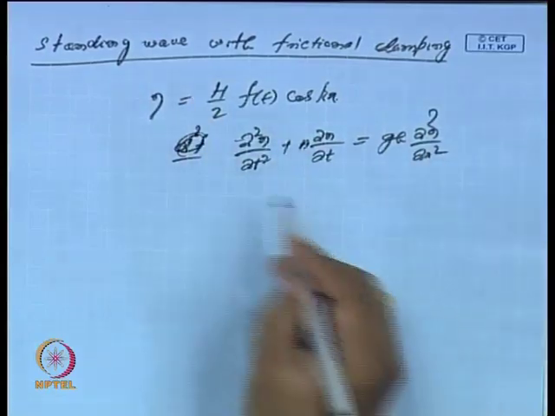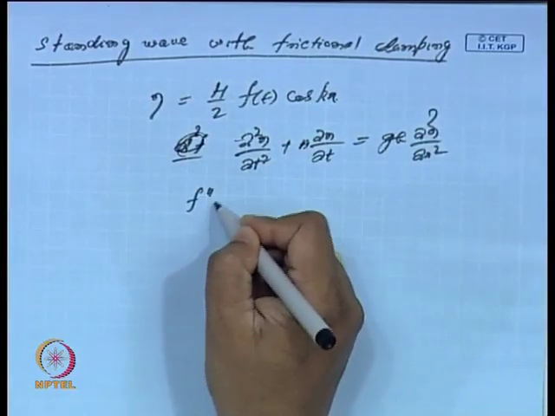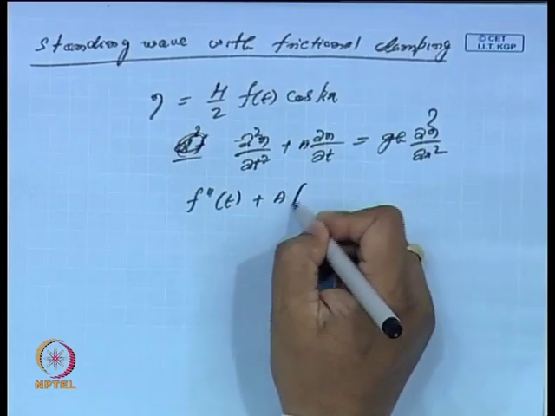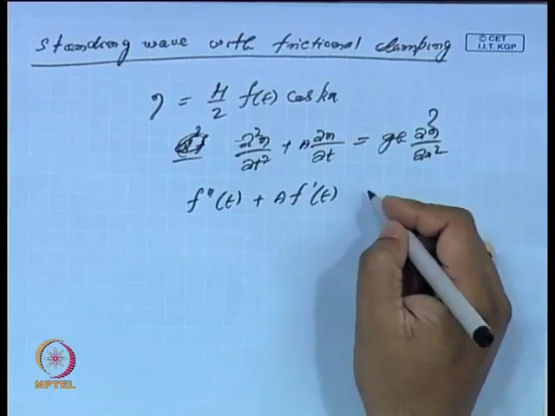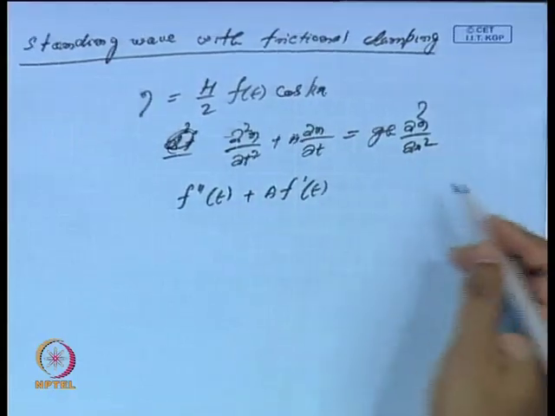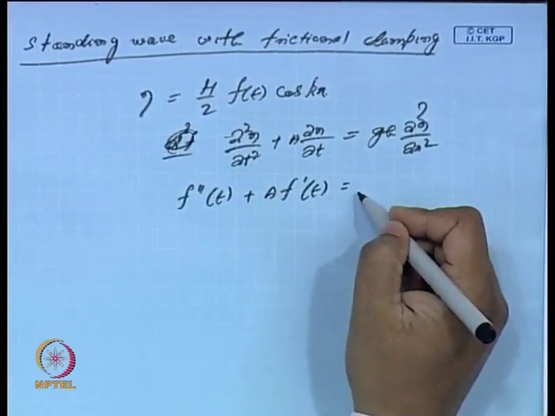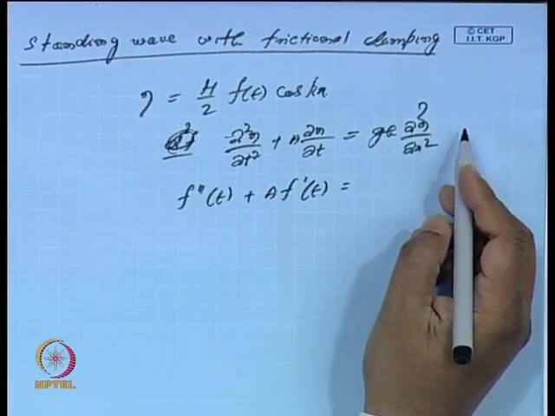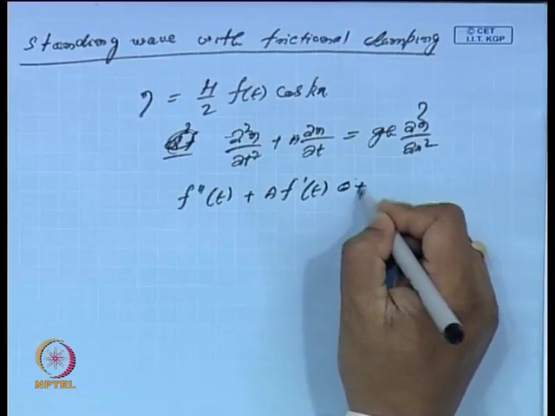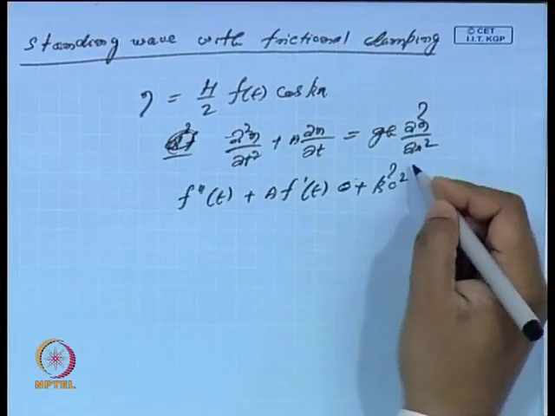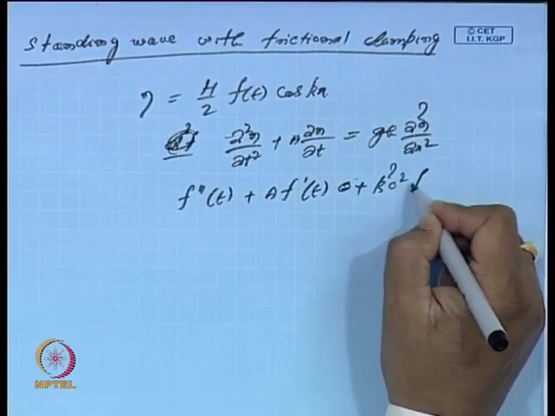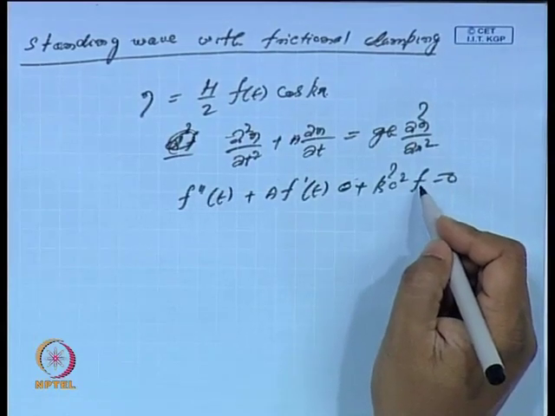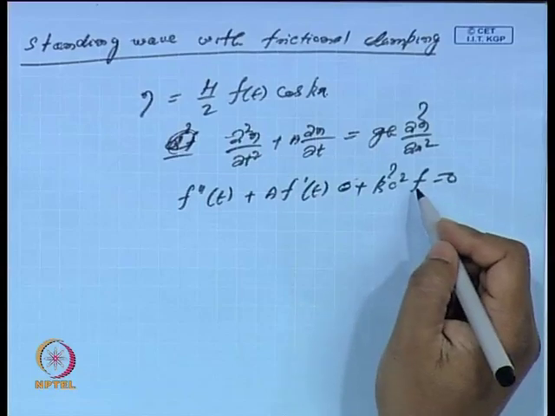I will get f double dash t plus a f dash t, and gh is nothing but c square, and del square eta by del x square will give minus k square, so this gives plus k square c square into f, and c square k square is nothing but omega square or sigma square.